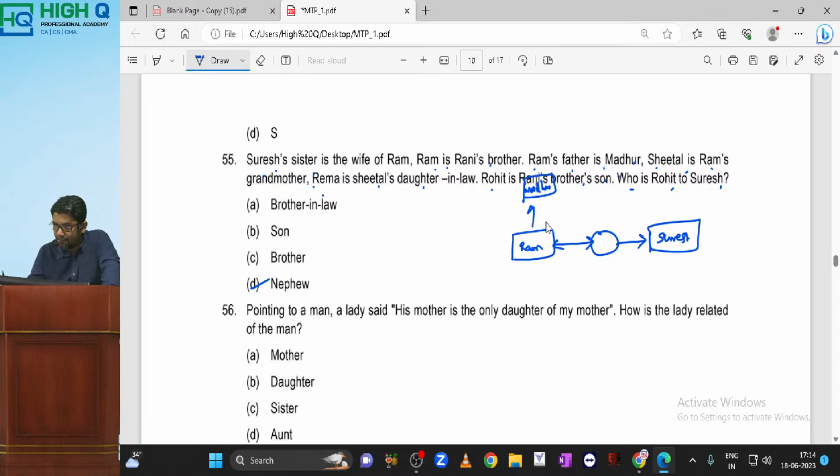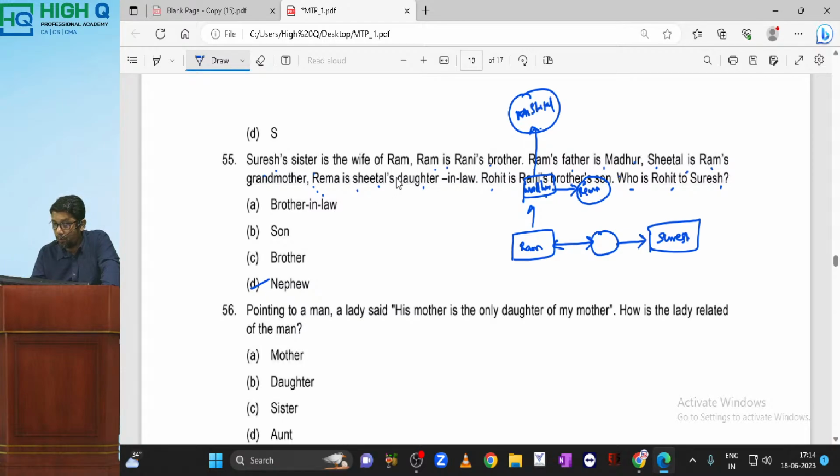Sheetal is Ram's grandmother. That means Madhur's mother. Reema is Sheetal's daughter. See, already Madhur is Sheetal's son. So Reema is also Sheetal's daughter. So they are brother and sister. Am I right, my dear? So this is our Reema.